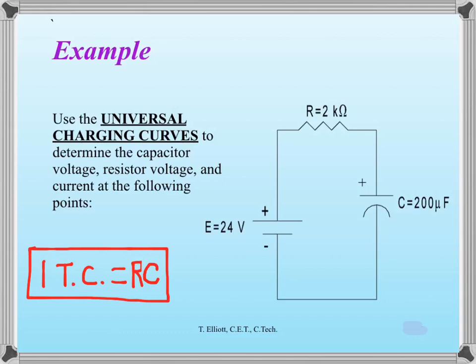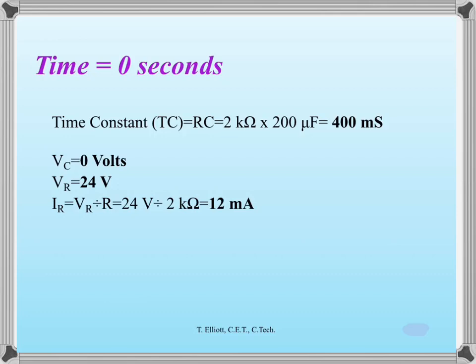Okay, so let's look at an actual example with some numbers, and we're going to use the universal curves to determine the capacitor voltage and currents at various points. One time constant for a capacitor is the product of the resistance here times the capacitance there. So if we put that into the calculator, one time constant is equal to 2K times 200 microfarads.